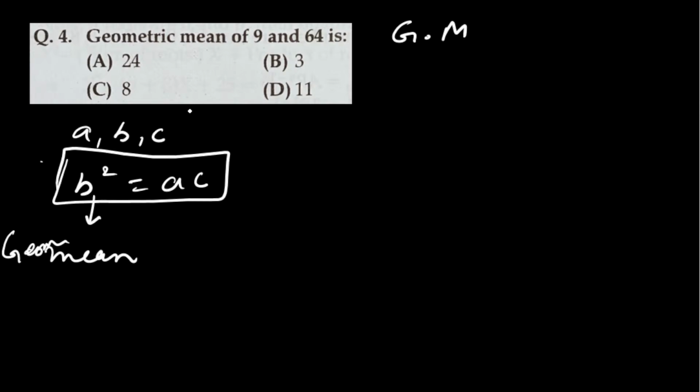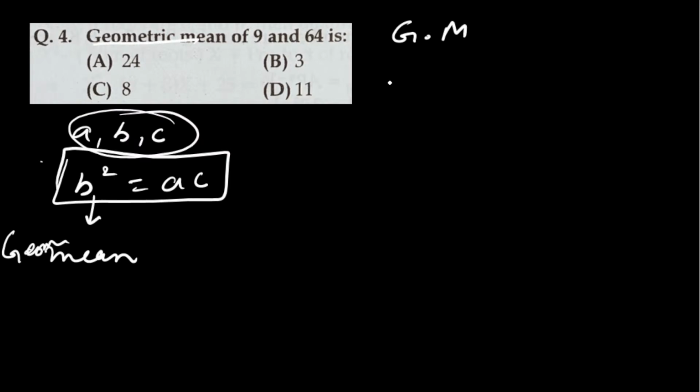Same thing now also. Geometric mean means three numbers are in GP. Instead of continued proportion, just remember the concept is the same. The mean we learnt in ratio and proportion was the geometric mean only. So when three numbers are in GP, we can find their geometric mean with the help of the same formula.